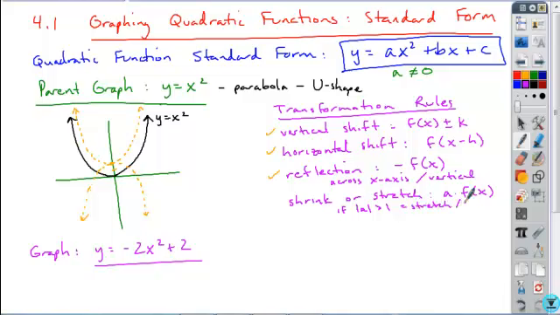It becomes narrower or steeper. And if the absolute value of a is less than 1, so if you have a fraction between 0 and 1, then you're going to shrink the graph, which will make it wider. So you're talking either steeper or wider for this.